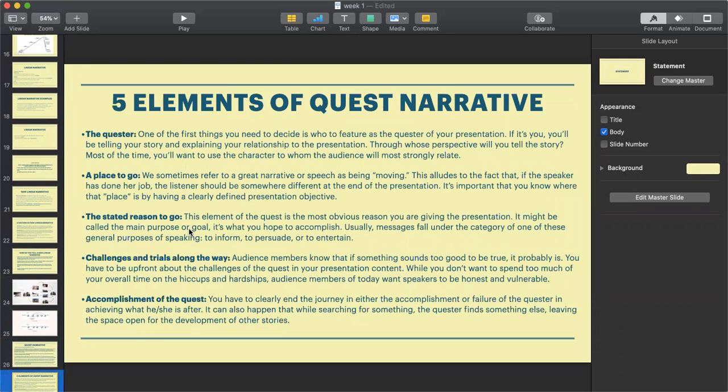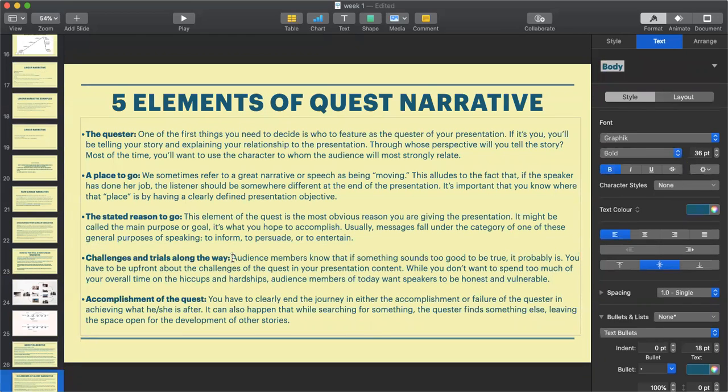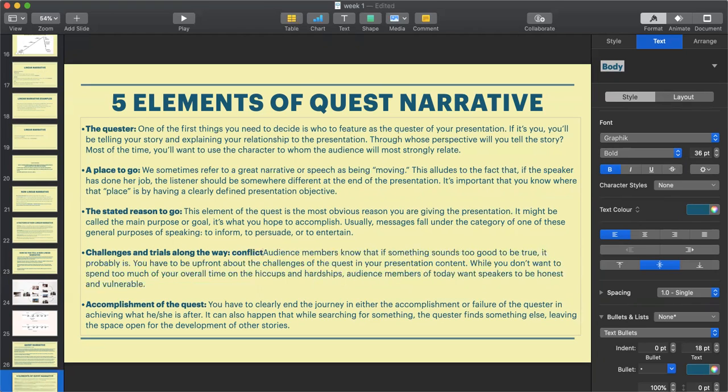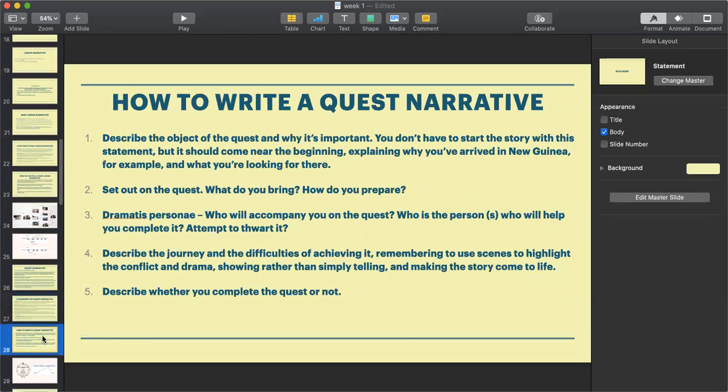So there are 4 or 5 elements of quest narrative: the quester, about whom the story is; a place to go, where the character is going; the reason to go, why the character is going; challenges and trials across the way, which I think you now know is conflict. Got it? And accomplishment of the quest, whether the character has got what he wants or not, right? So these are the 5 elements of the quest narrative.